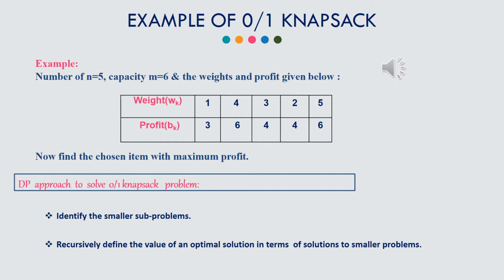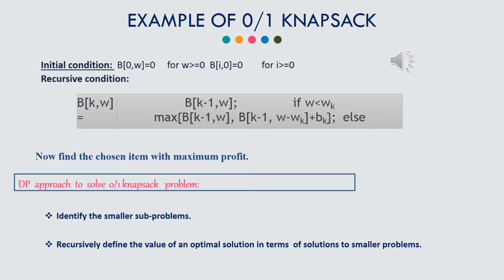In the DP approach we have two main steps: identify the smaller subproblems, and recursively define the value of an optimal solution in terms of solutions to smaller problems. We'll discuss that later. This is the formula for finding the value in the recursive condition.